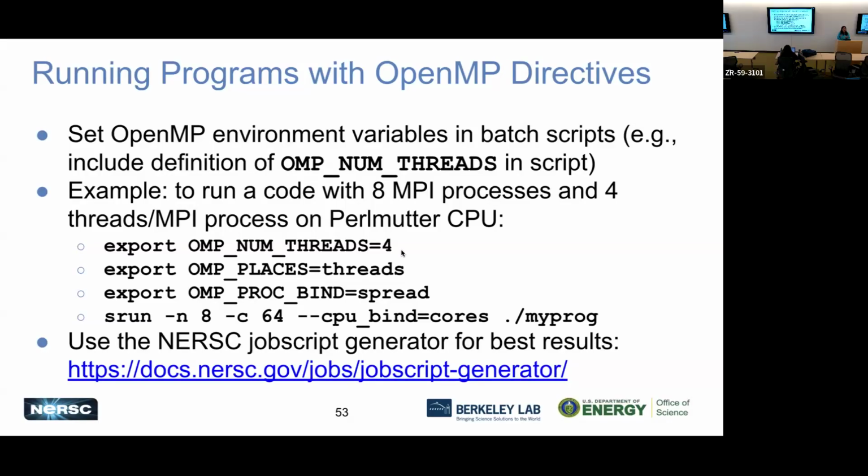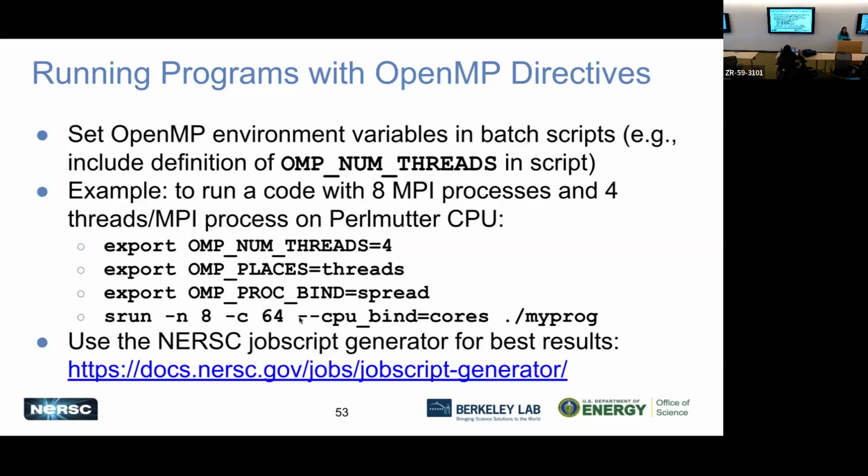Then when you do that, in this example, I'm actually using only one node here, because I can tell by 8 times 64 is 512. That Perlmutter CPU node has a total of 512 CPU cores, logical CPU cores.